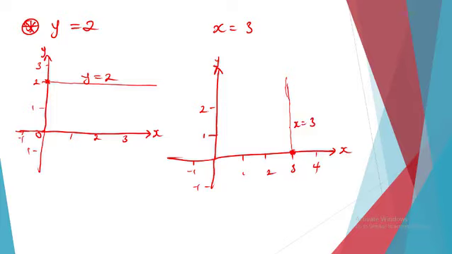Okay, so assuming we are given another problem, let's say x plus y equal to, let's say, 2, using x as 0, 1 and 2, and we are asked to plot this graph. Okay, the first thing we need to do is to create a table.